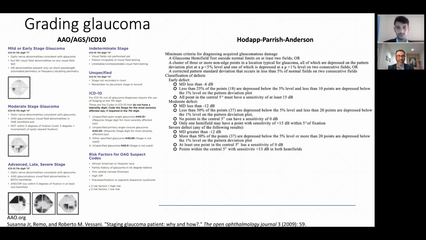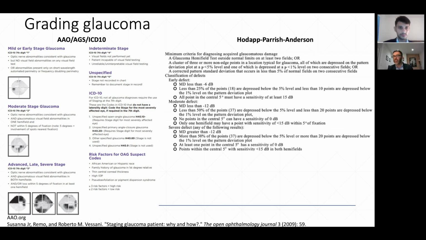For most students, and I think for most practitioners, it's an easier approach, because it's just a couple of bullet points. So for mild, you have the optic nerve abnormalities, but with no functional vision loss on a visual field test. For the moderate, you have the optic nerve abnormalities, but you also have visual field defects in one hemifield that's not within the central 5 degrees of fixation.